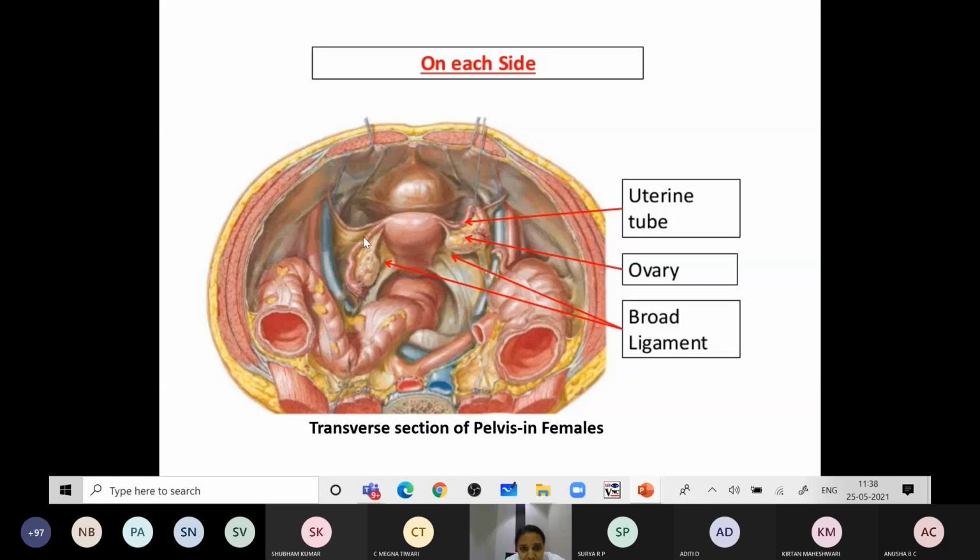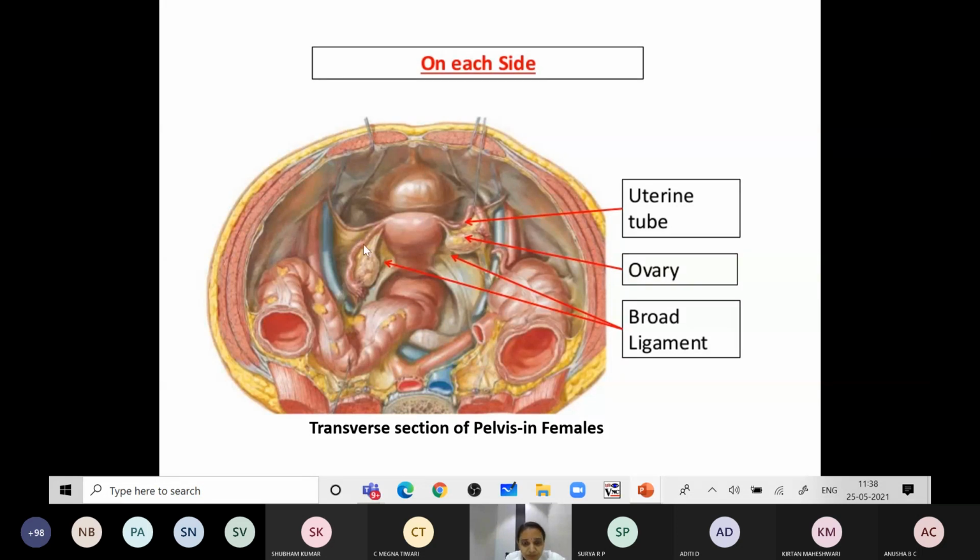When we trace this peritoneum which has reflected over the uterus, it forms the broad ligament. This is the broad ligament. In the posterior wall of the broad ligament, we have the fallopian tube. See, this is the fallopian tube, and the ovary is attached to the posterior layer of the broad ligament. On both sides we have the broad ligaments. So this broad ligament acts like a partition between the rectum and the bladder.